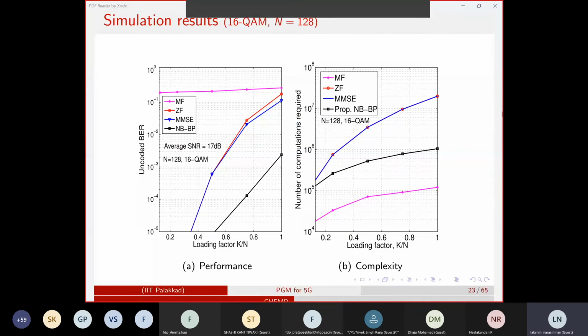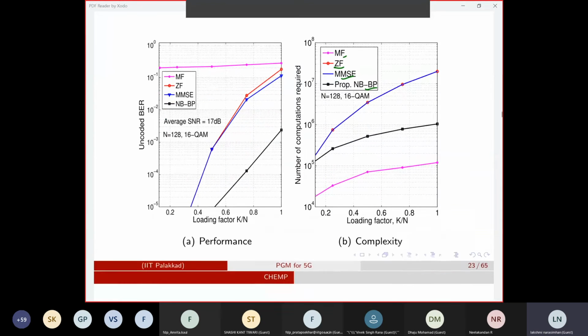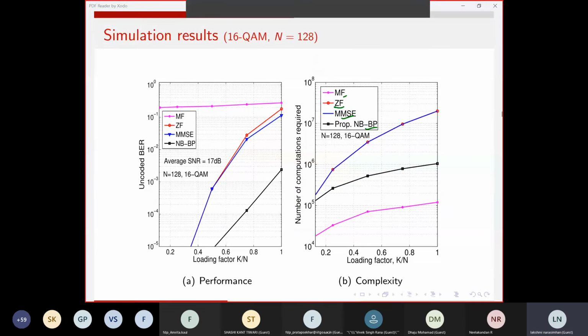So what we have done here is plot the number of computations required for the probabilistic graphical model method and the MMSE, this is zero forcing and this is the match filtering, for a particular SNR. In this case, we have fixed an SNR of 17 dB, with 128 antennas and 16 QAM used for the modulation.